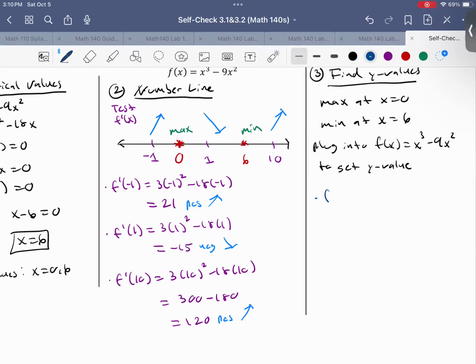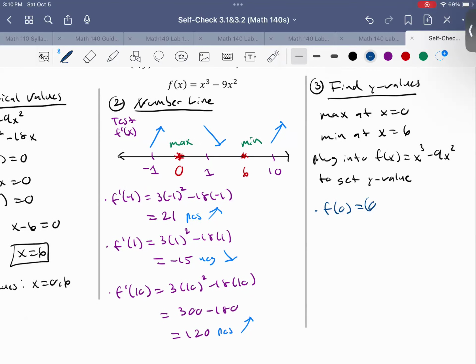Okay, so let's go ahead and try that out. So I have f of 0 equals 0 cubed minus 9 times 0 squared, which is just 0. So I have the point 0, comma 0. Next one is 6.